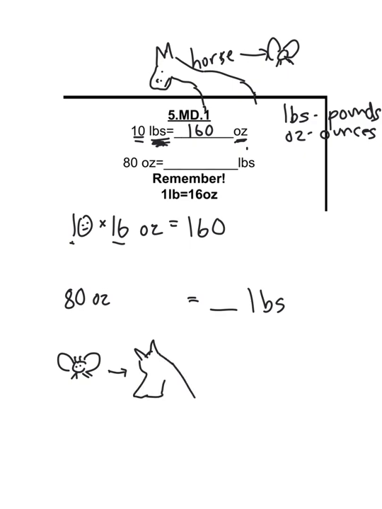Wow, even better than the first one. This one really has character. Here's his mane. Okay, fly to horse, divide, of course. Because we're going from a smaller unit of measurement, like a fly, ounces, to a bigger unit of measurement, pounds. 80 ounces divided by 16 ounces in each pound.